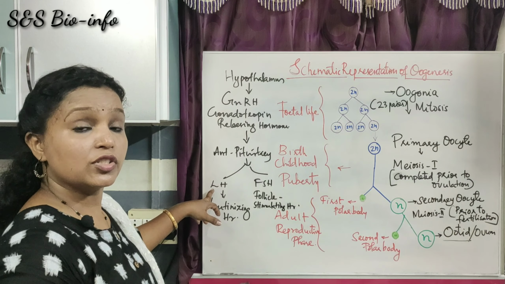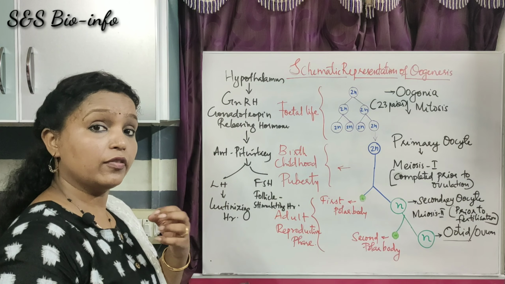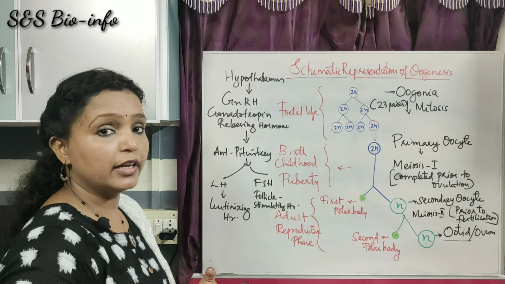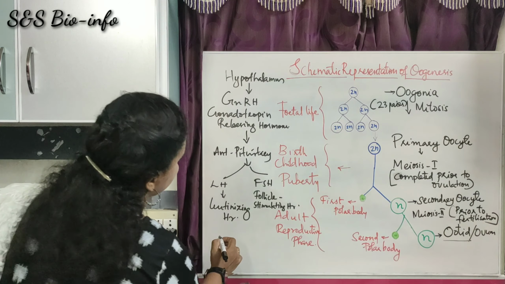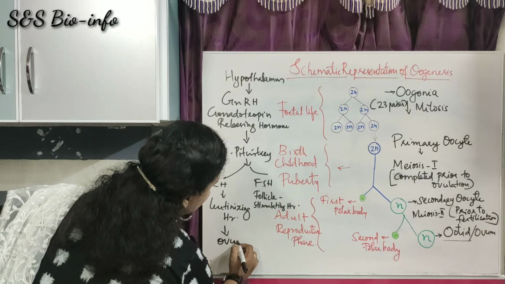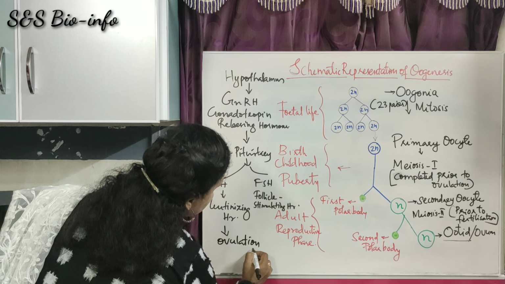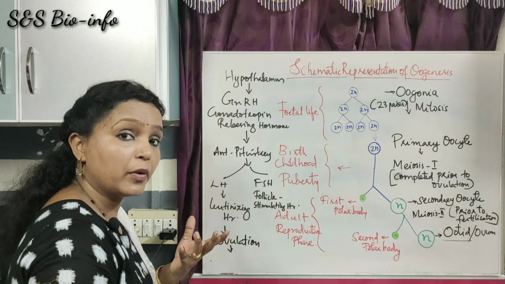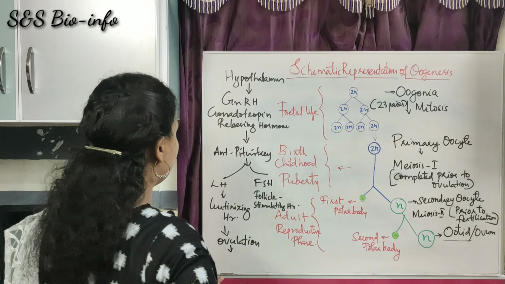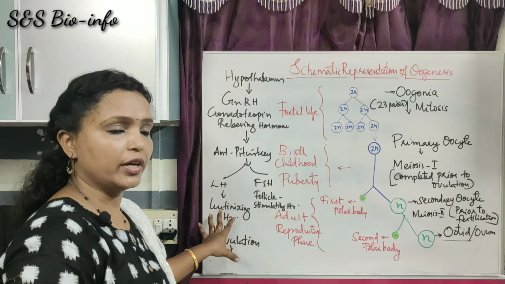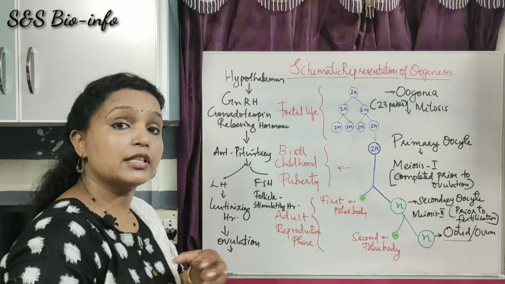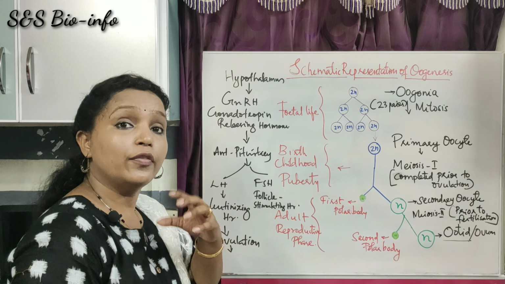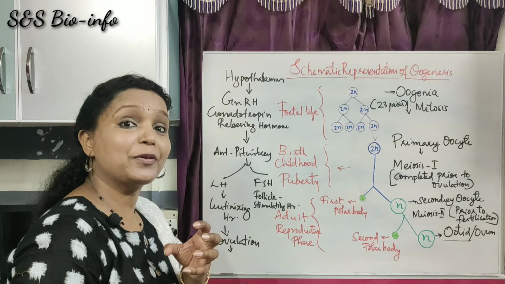The LH surge, or the peak level of LH, causes ovulation, that means the release of the secondary oocyte from the ovary. It also helps in the maturation of the primary oocyte into the secondary oocyte. That means it is involved in oogenesis. Then the follicle stimulating hormone is involved in the development of follicular cells around the primary oocyte.